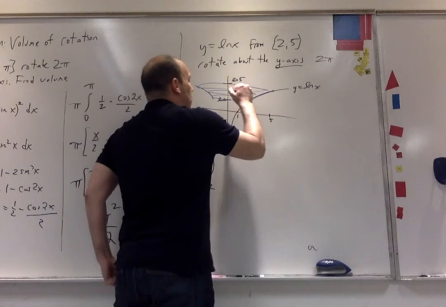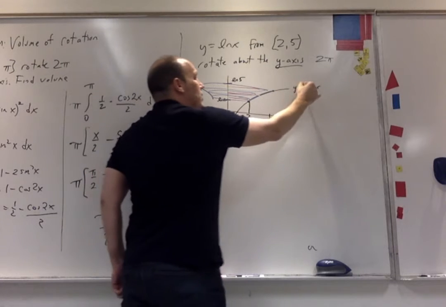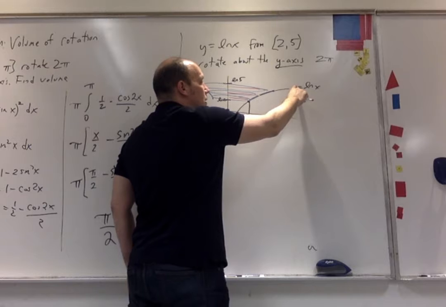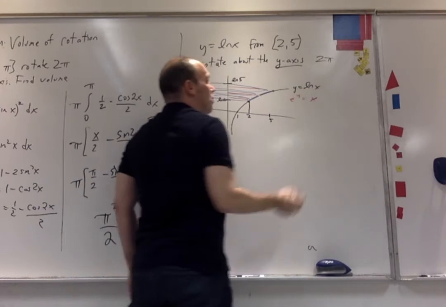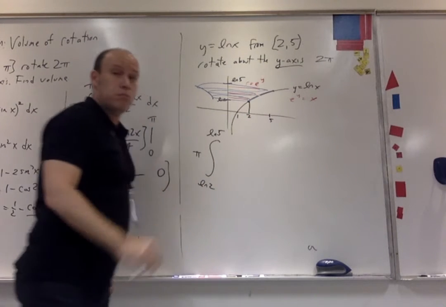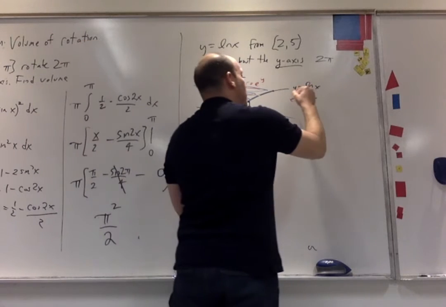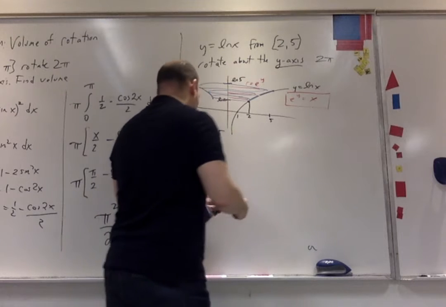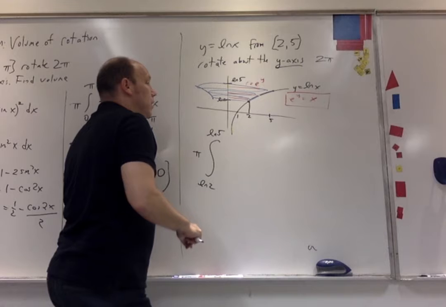This is easy. Just rewrite this in terms of x. So if x takes me to y, then simply e to the y equals x. So this radius is e to the y. Right? So my radius is e to the y.